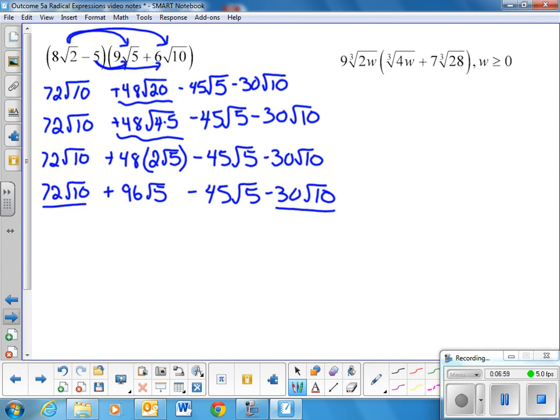If I have 72 and I take away 30, I end up with 42 root 10s. And if I have 96 root 5s and I take away 45, I end up with positive 51 root 5s.